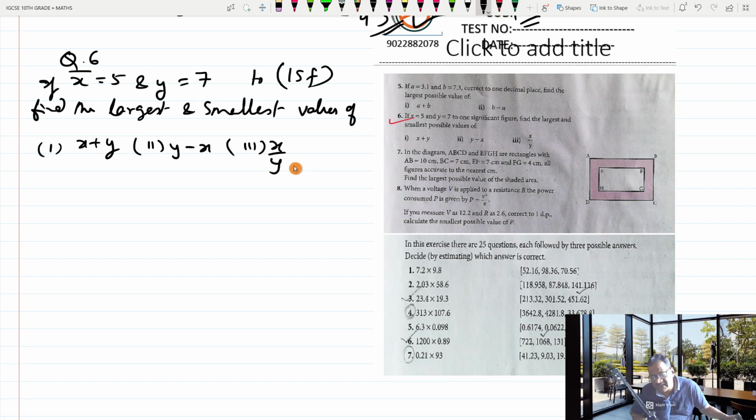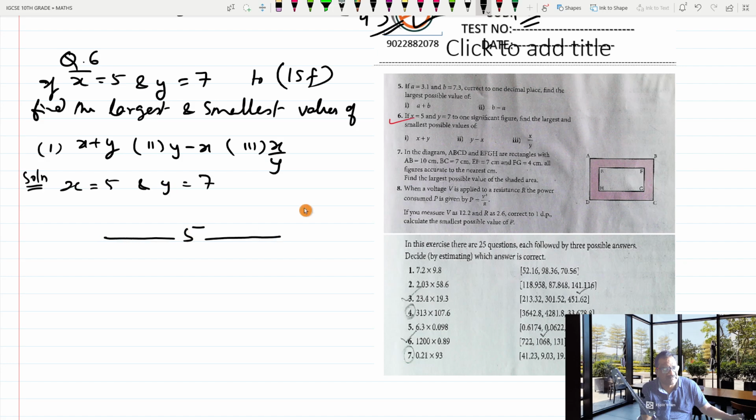That's it. So these are the values you have to find out, the largest as well as the smallest value. So as usual, this is the solution. x is equal to 5 and y is equal to 7. For 5 and 7 you are going to find out the upper bound and the lower bound, correct to 1 SF.